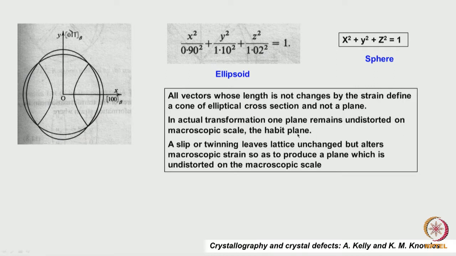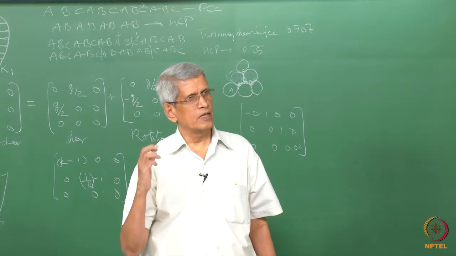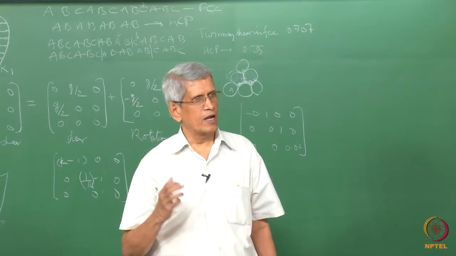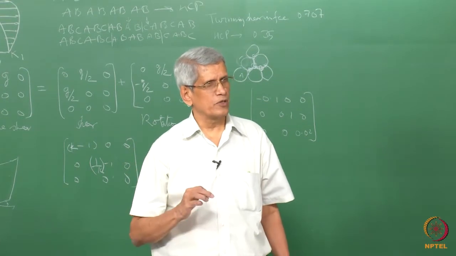Otherwise, how is that accommodation done? By either slip which is taking place in the sample, or a lattice invariant shear, which is a twinning also, can compensate for that, so that that component can be made 0.